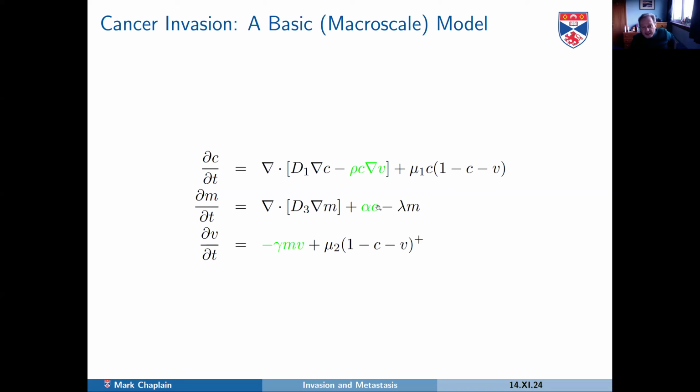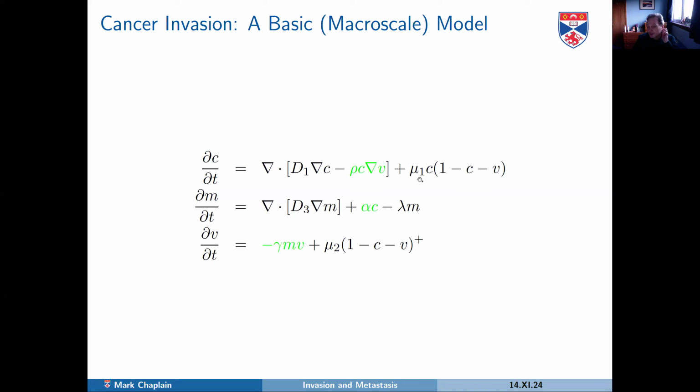The matrix degrading enzymes, they're produced by the cancer cells, and then they diffuse and decay. And when they're produced by the cancer cells, they degrade the matrix. So that generates the gradients and allows the cancer cells to interact and spread via haptotaxis. The matrix may try and remodel and come back to a normal, healthy state. It may not, it depends, but you can put in a remodeling term to put it back to where it was before the cancer cells were there.